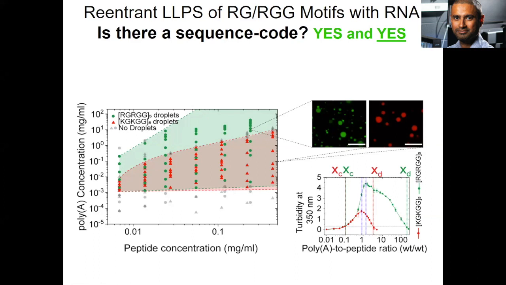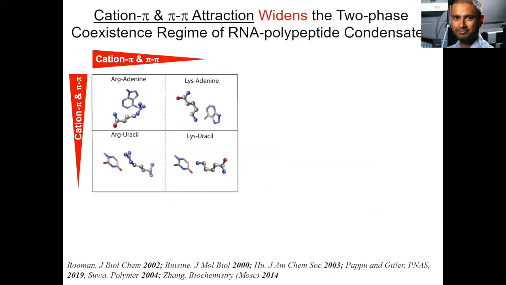So what we have done then to understand this phase behavior in terms of sequences, we put together this proposal that we have to look beyond just electrostatics, and we found from the literature that there are excellent reports suggesting that lysine and arginine can interact with the RNA bases beyond electrostatics.